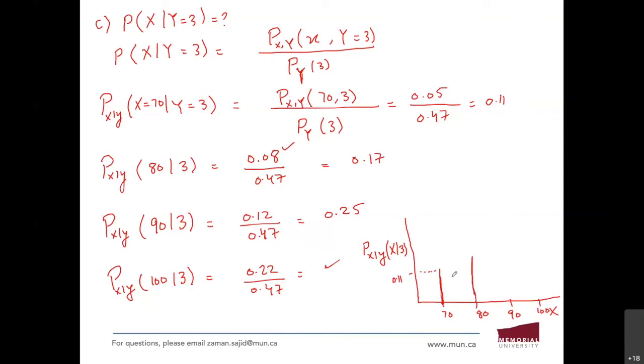This is my 0.17. Similarly for 90, 0.25, and I don't have the values for this one, so you can check what value will be here. That's the plot for the conditional PMF of X.